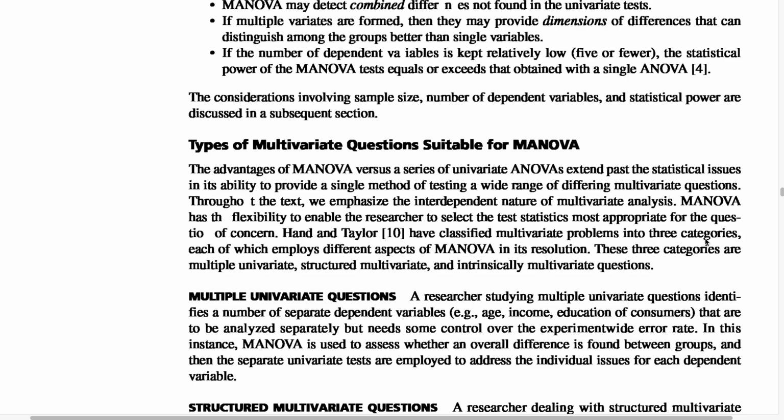MANOVA has the flexibility to enable the researcher to select the test statistic most appropriate for the question of concern. Hair and Taylor have classified multivariate problems into three categories, each of which employs different aspects of MANOVA. These three categories are multiple univariate, structured multivariate, and intrinsically multivariate questions.